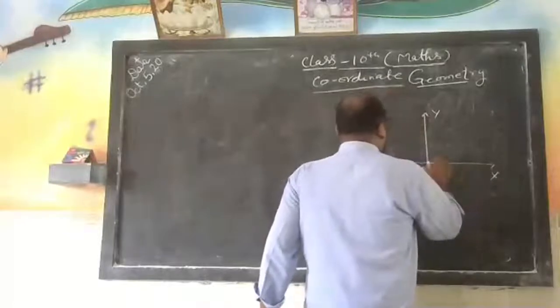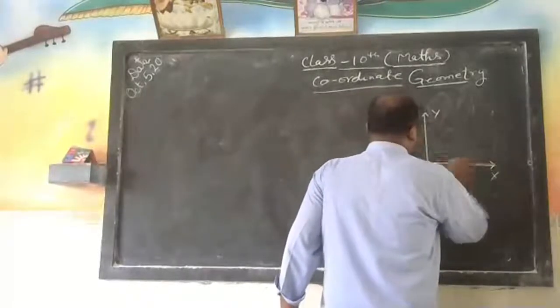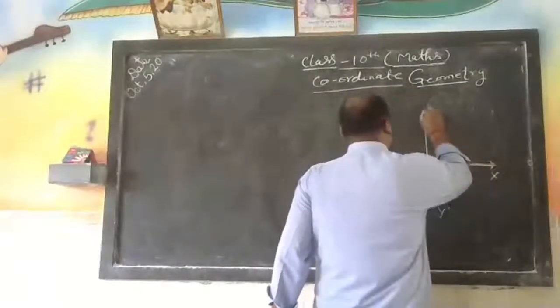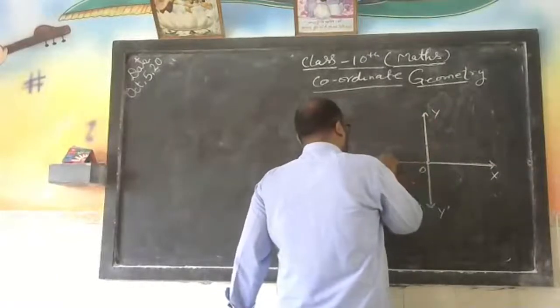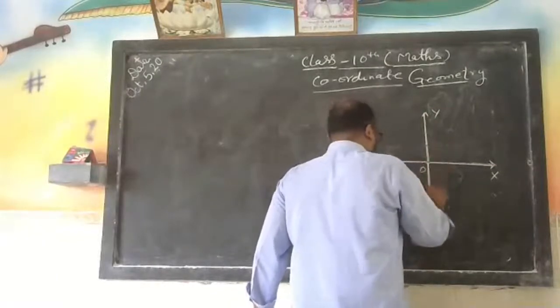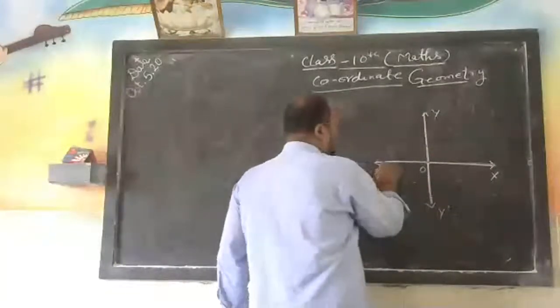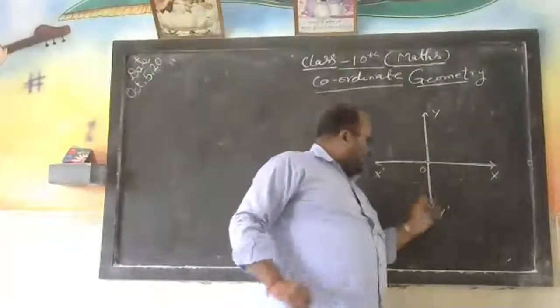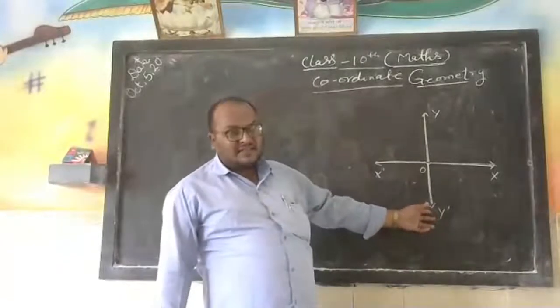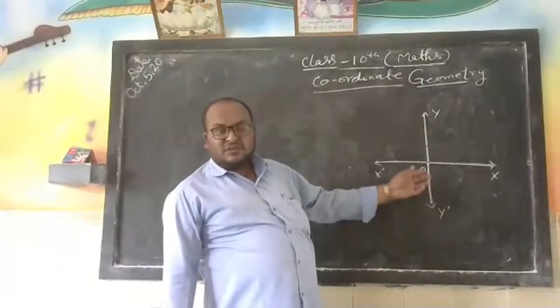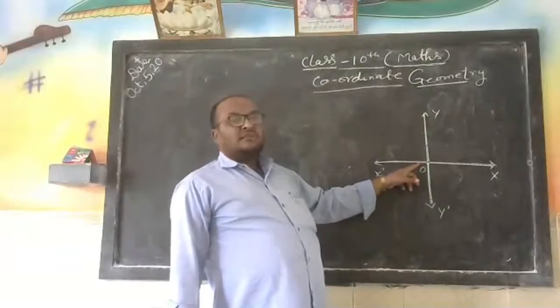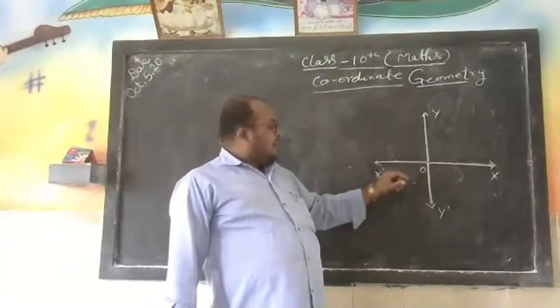That is, if x dash and y dash are two lines, and these lines are intersecting each other at the point O, that is called the origin.